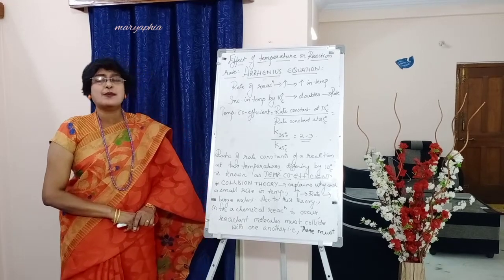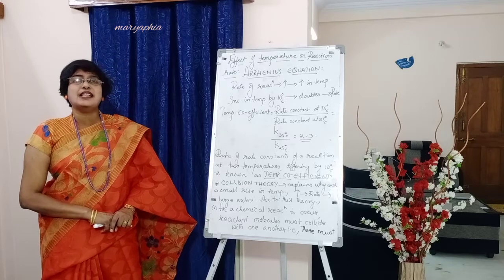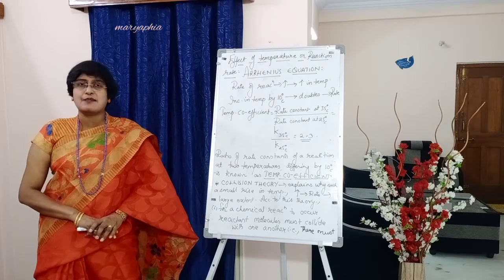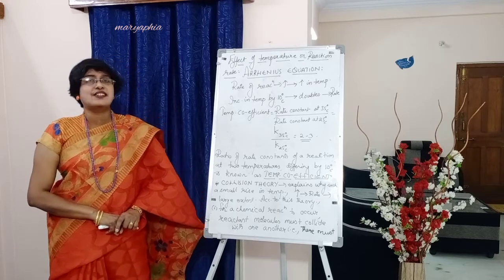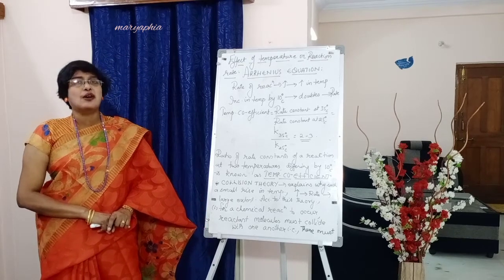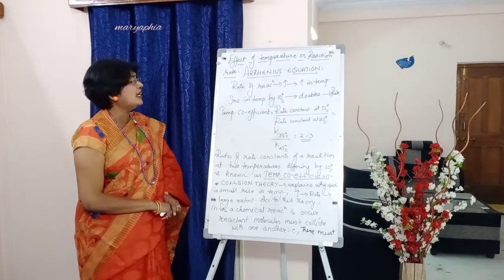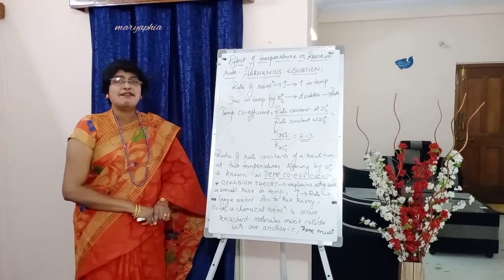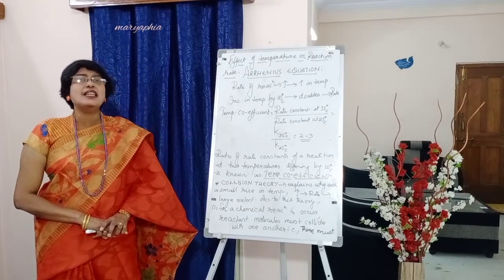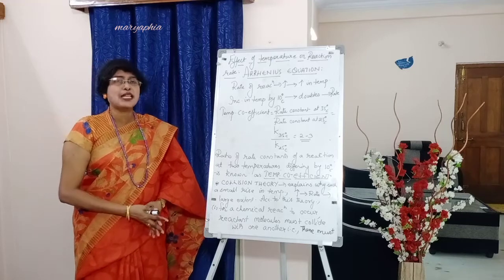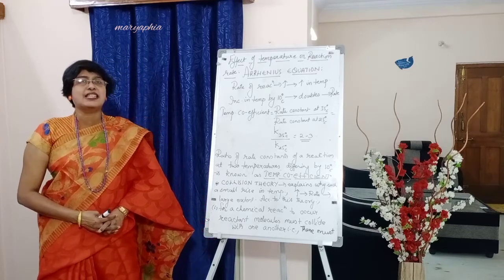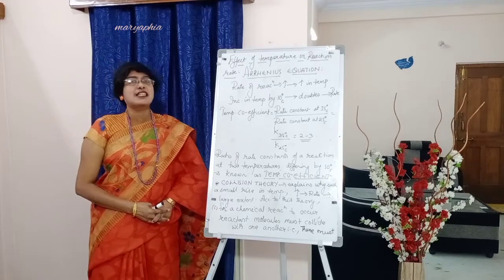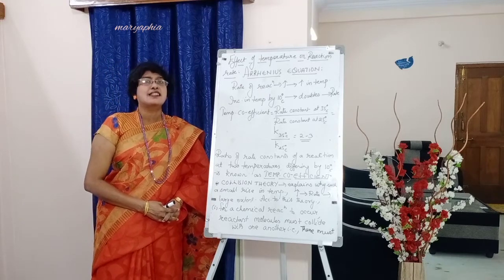Okay, so the first point you will be writing: rate of reaction increases with increase in temperature, and increase in temperature by 10 degrees centigrade doubles the rate of reaction. Suppose, students, we consider two temperatures. Generally the two temperatures taken into consideration are 35 degrees centigrade and 25 degrees centigrade.